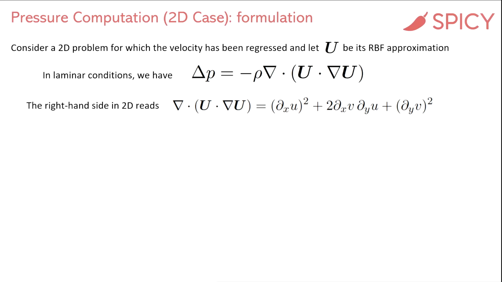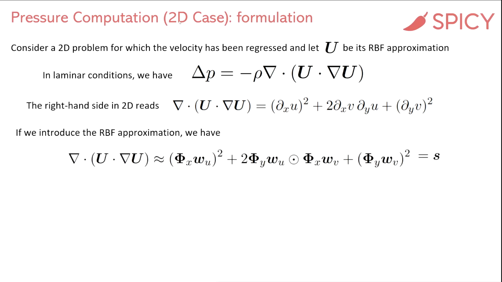If you have the velocity regression, you can analytically compute the right hand side and then focus on the linear problem. So to compute this right hand side using the RBFs, you will need just a bunch of matrix vector multiplications and squares. Here all these operations are meant to be entry by entry, so this symbol here denotes a Schur product, so element by element, and this square is also seen in terms of element by element.